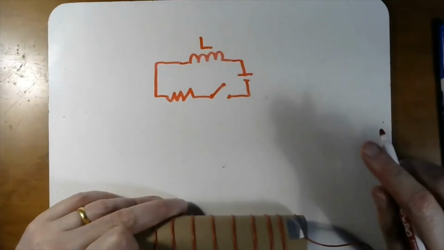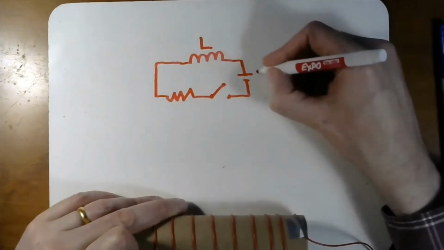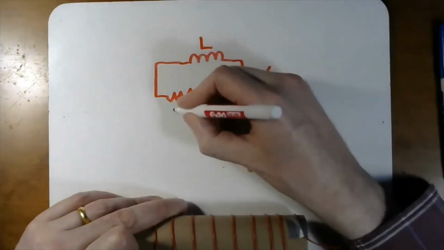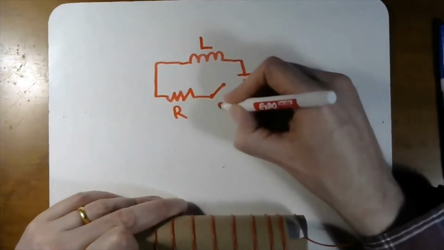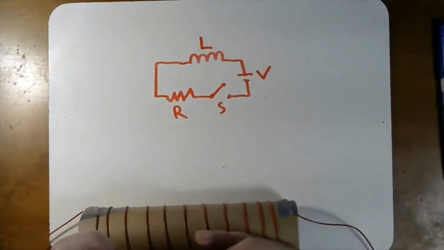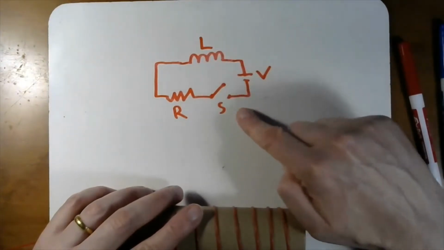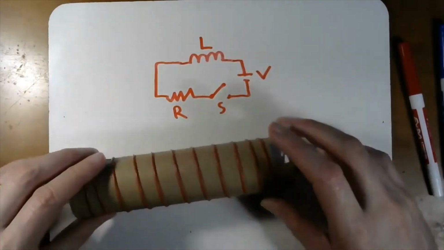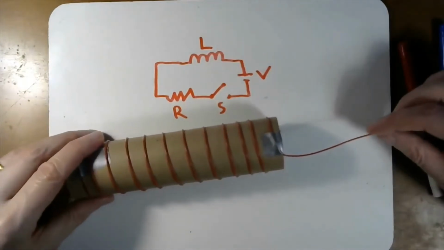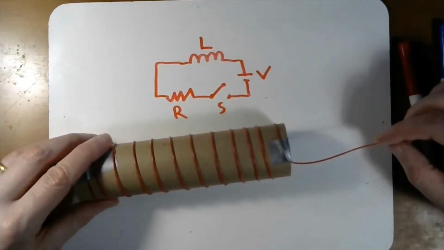An inductor is given the symbol L. We have our voltage source and our resistor, and this is our switch S. Now, what happens if I close the switch S? Well, if I close the switch S, current is going to flow through the inductor from right to left.